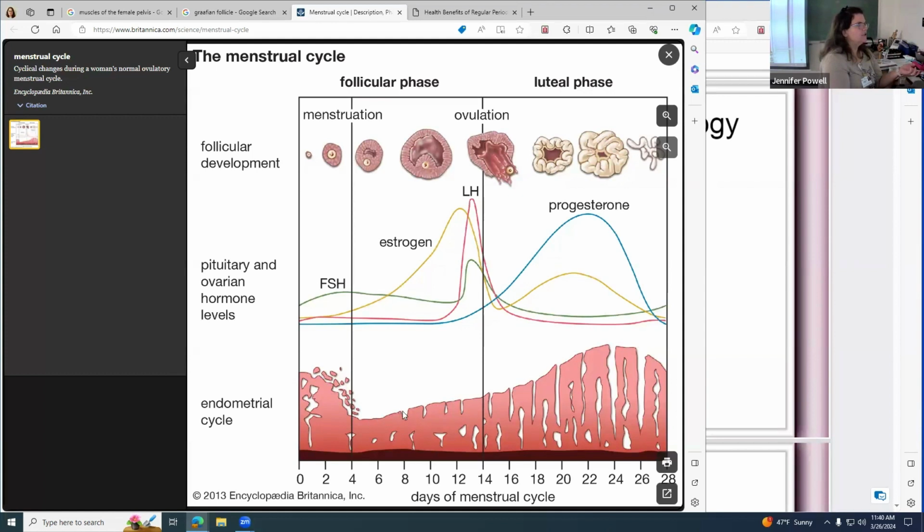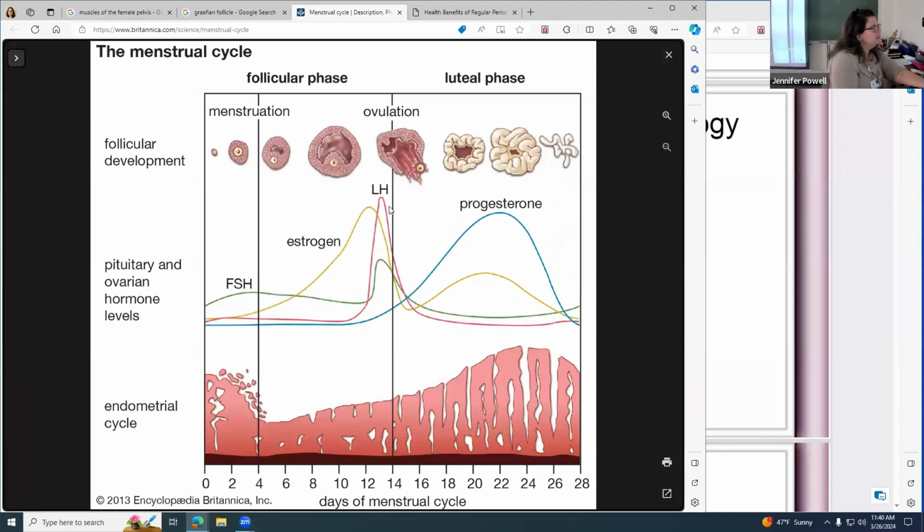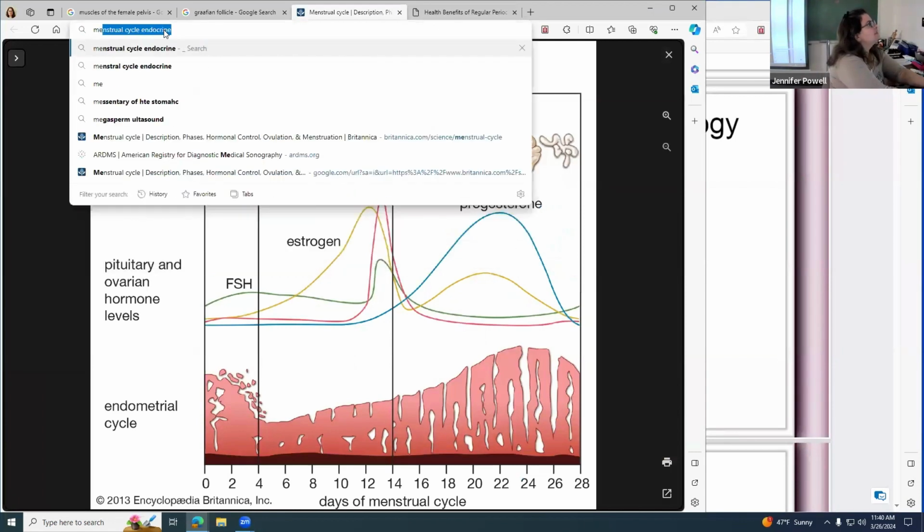And then it slowly starts to build again in preparation for that fertilized egg. So by days 20 to 26, you've got that very thick endometrium, and that's where you go into the menstrual phases.